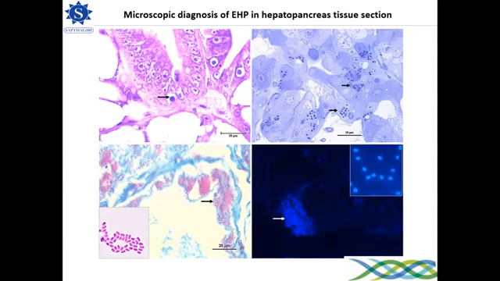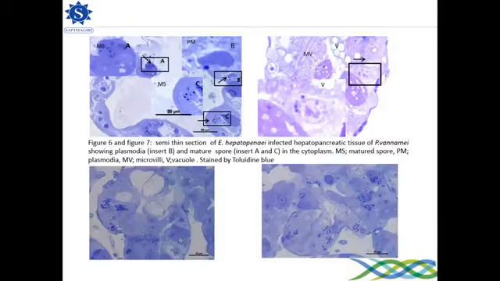Down one is the trichrome staining of the semi-thin section, with heavily EHP infected hepatopancreas cells. You can see different life stages of EHP in the same tissue of the hepatopancreas.